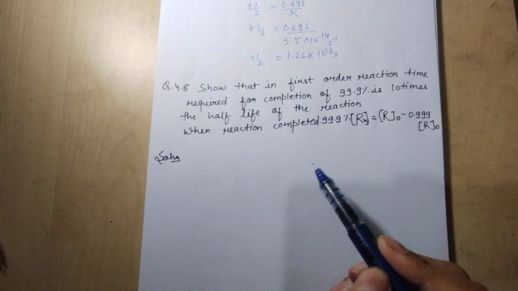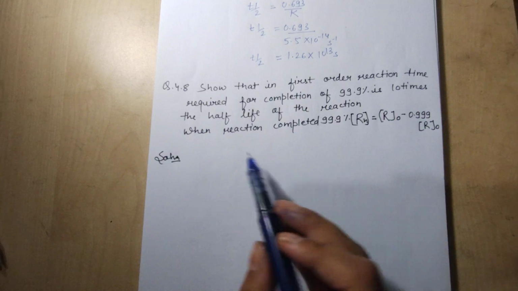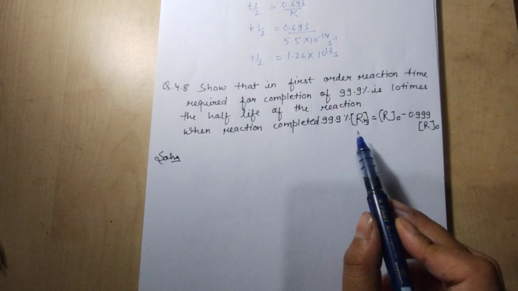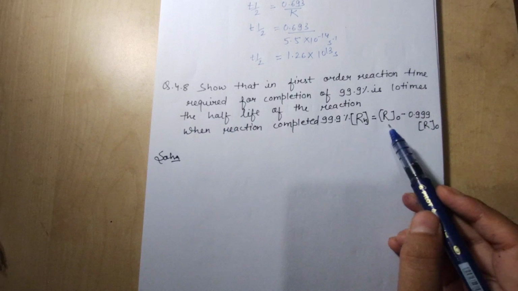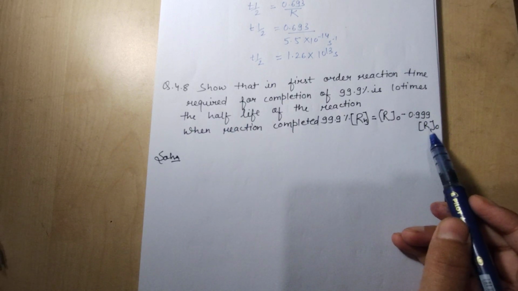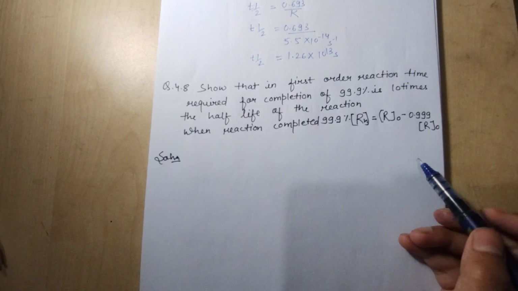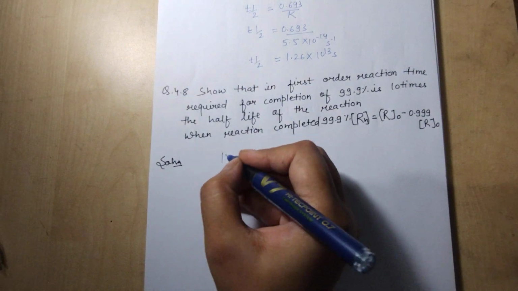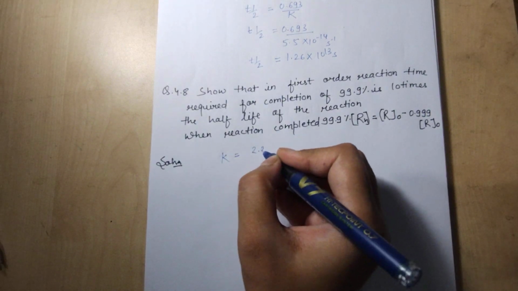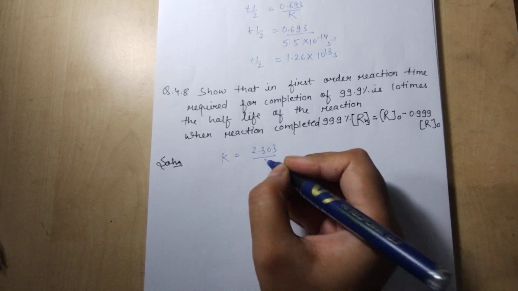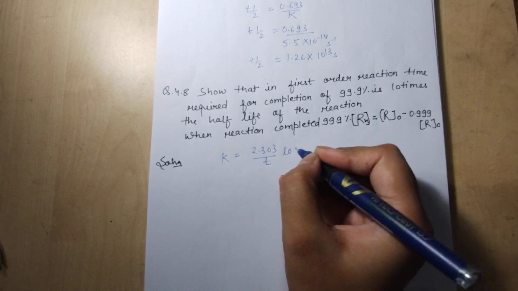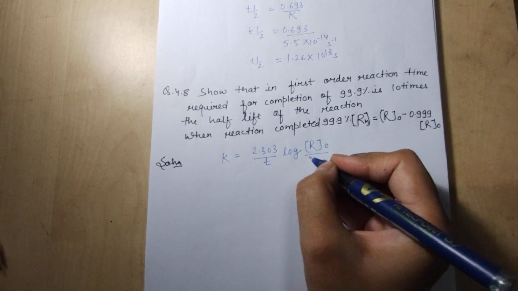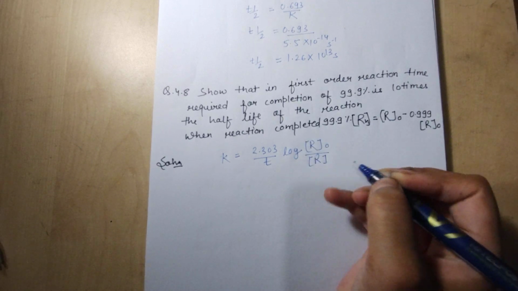When the reaction is completed 99.9%, then the remaining rate will be this. So putting the first order reaction formula here, K is equal to 2.303 upon T log R0, that is the initial rate, upon R, the final rate.